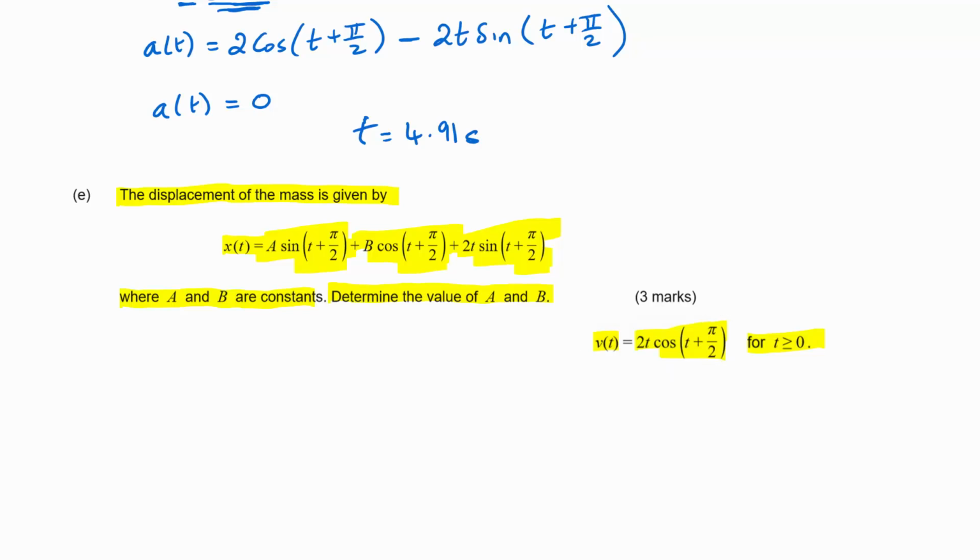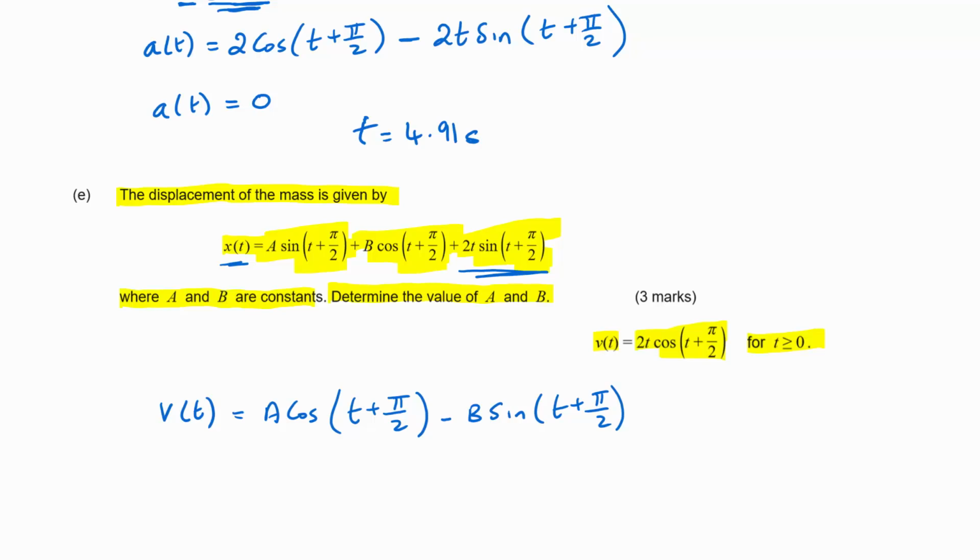So we can differentiate this expression here. Sine goes to cos, so that's going to be a cos(t + pi/2). Cos goes to negative sine, so we'll have take away b sin(t + pi/2).